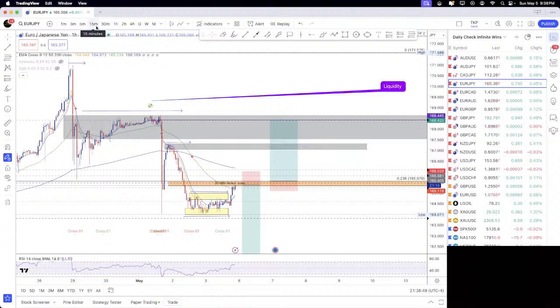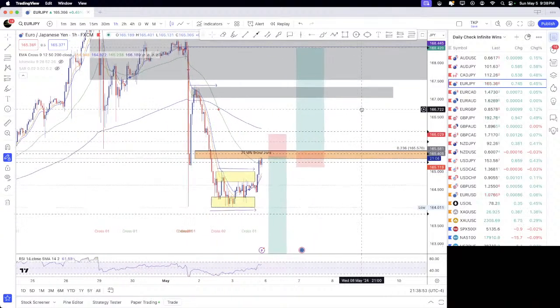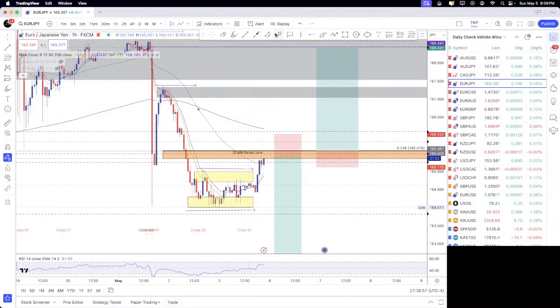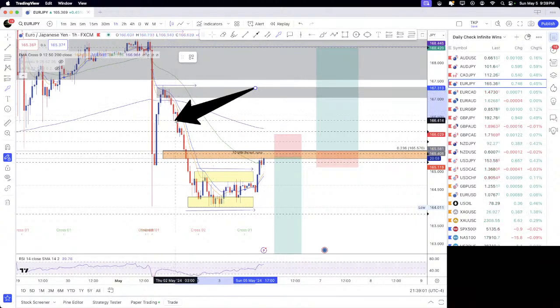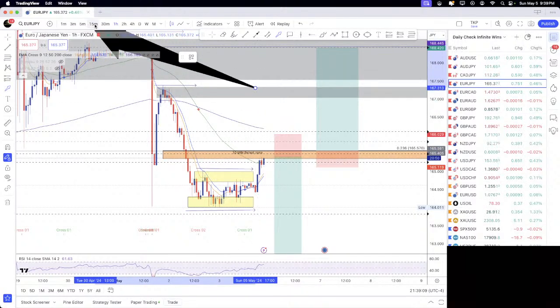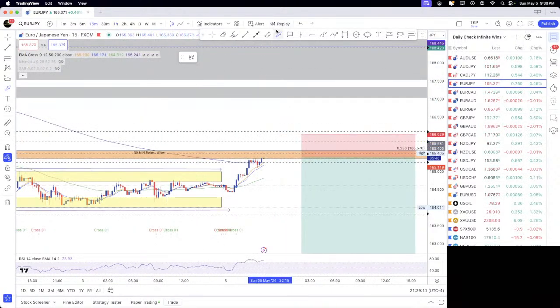But on Euro JPY, at this level, looking at the higher time frames, it's showing bearish signals. Okay, but it left a 1 hour double top up here and a few levels in between that could possibly be retested as well. And if we go down to smaller time frames, price is beginning to consolidate right underneath this area.